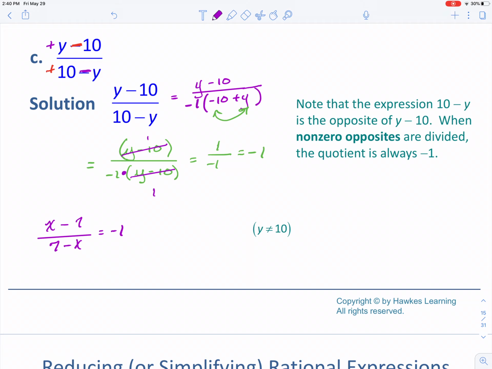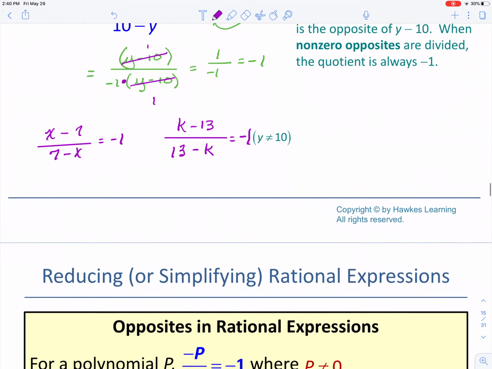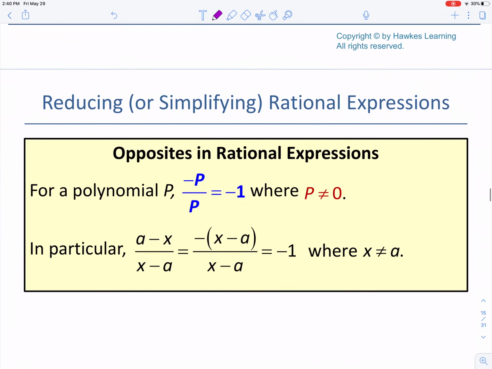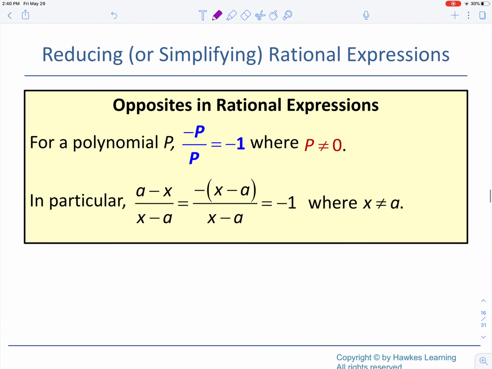Or let's say that you had a k minus 13 in the numerator and a 13 minus k in the denominator. You would know also that that was going to turn out to equal -1. There's the little summary rule right there. So that's a good place to stop the little part about reducing fractions.